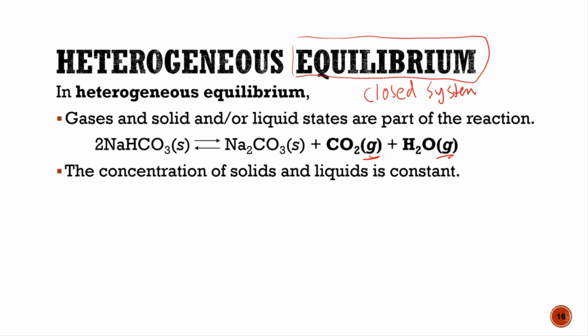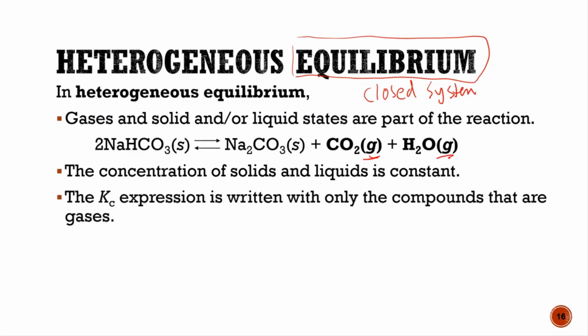So their concentration is very large, typically, in proportion to the solutes, the solutes being either the dissolved ions in the aqueous phase, or in this case, the gas particles. Solute being the lesser amount, solvent being the larger. But typically when you have solids and liquids, their concentrations don't change that much during the reactions in comparison to gases and aqueous dissolved dissociated ions.